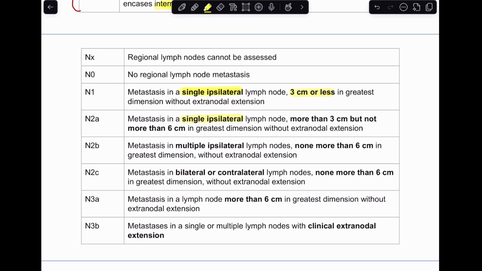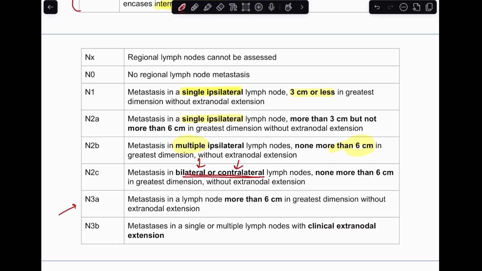N2B is when the metastasis is there in multiple ipsilateral lymph nodes and none of them are more than 6 centimeter in greatest dimension without any extranodal extension. N2C is when bilateral or contralateral nodes get introduced, again not more than 6 centimeter.